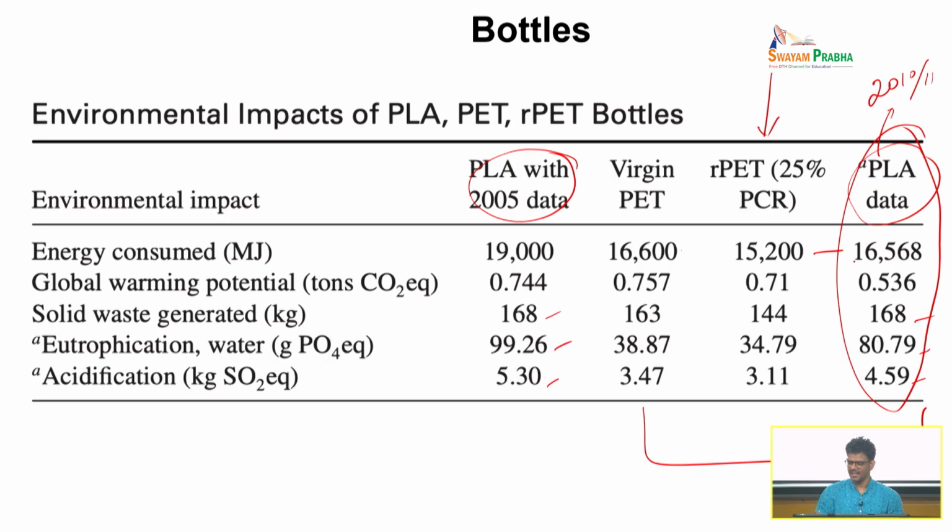Energy consumption is less, global warming is not so bad, solid waste is less, eutrophication is less, and acidification is also less. So what it means is, if it is possible to collect PET bottles, recycle 25% and put it back into PET bottle production, you can actually balance out between PLA and rPET.